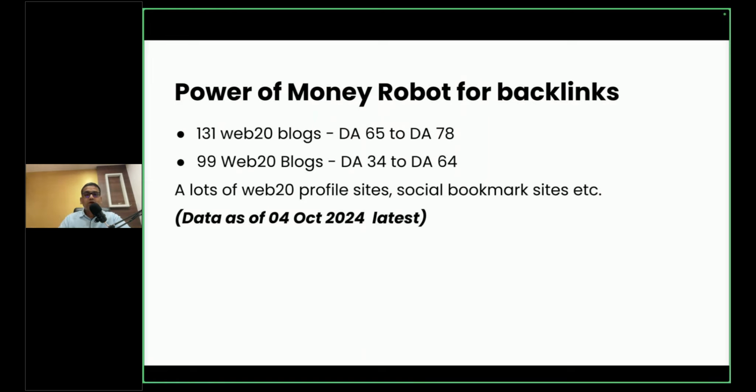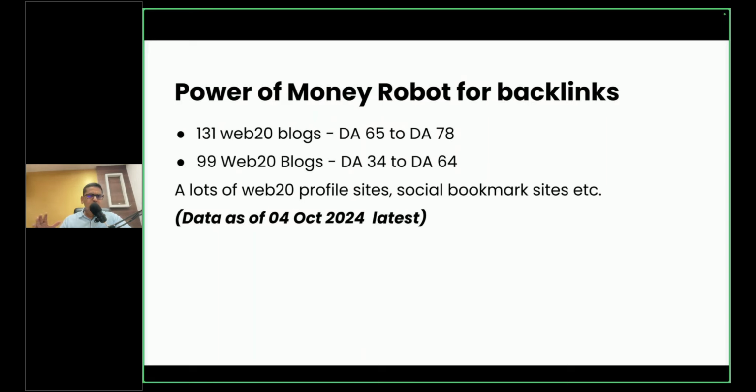Just let me know in the question box or the chat box, whatever place you have, how many software you know can do this. And then there are 99 Web 2.0 blogs ranging from 34 DA to 64 DA.